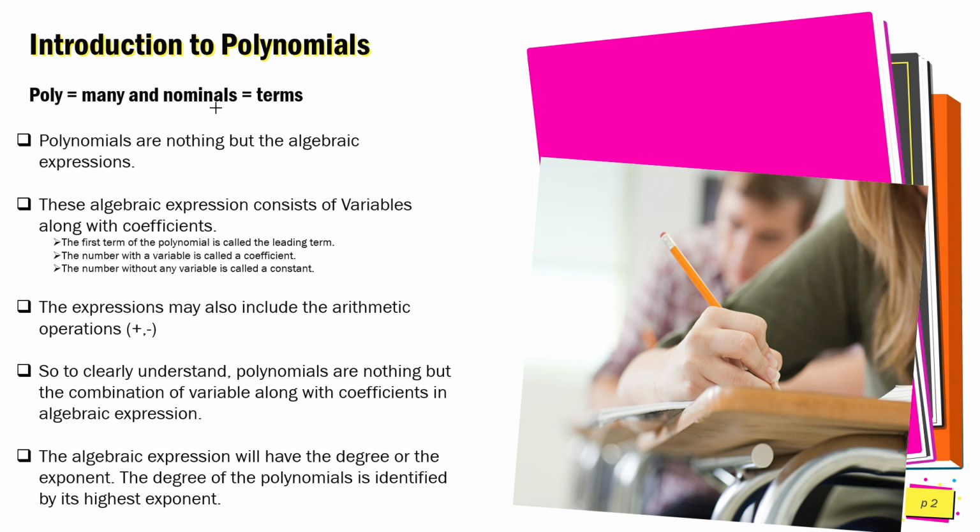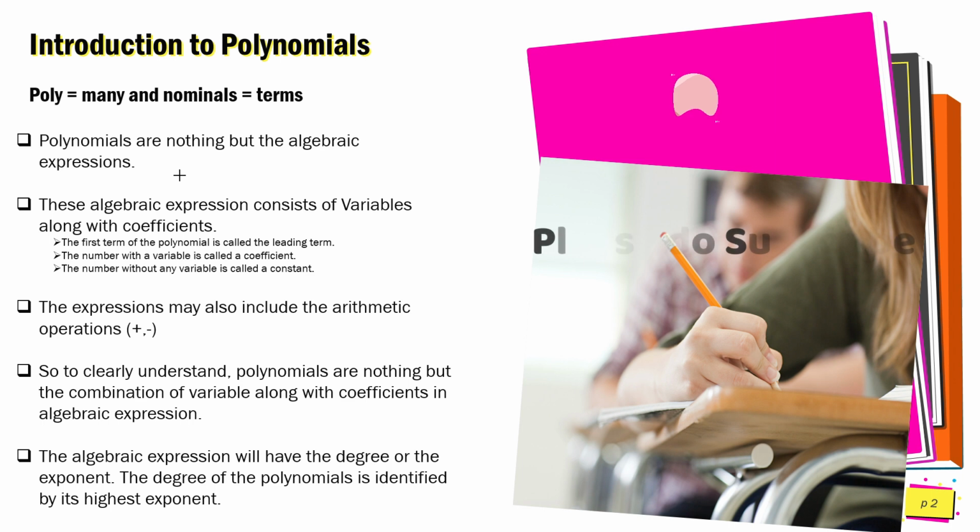So here the term polynomials is broken down into two different terms, poly and nomial. Poly means many, and nomial means terms. So polynomials are nothing but algebraic expressions.